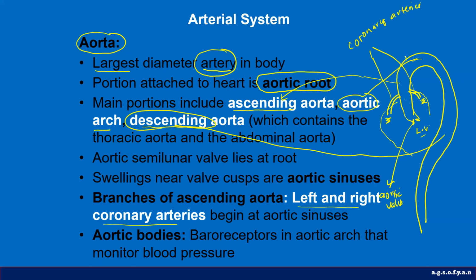Now for the arch of the aorta, there will be three branches. On the right side, there is one bigger branch. It's called the brachiocephalic artery. On the left side, there will be two. One is going to our brain. It's called the left common carotid artery.